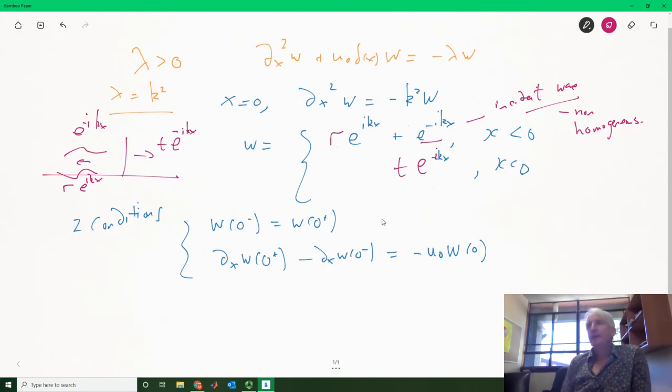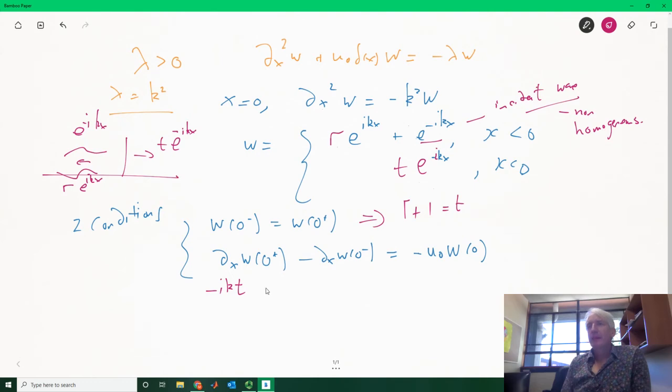Well, from here, we get r plus 1 equals t. And this equation here tells us that the derivative here is minus IKT.